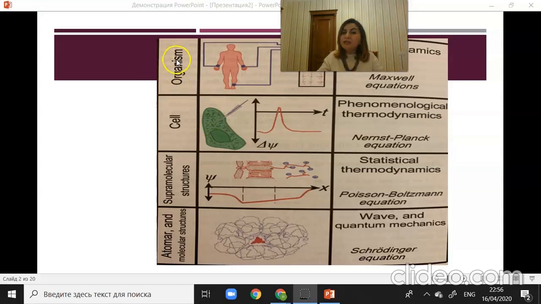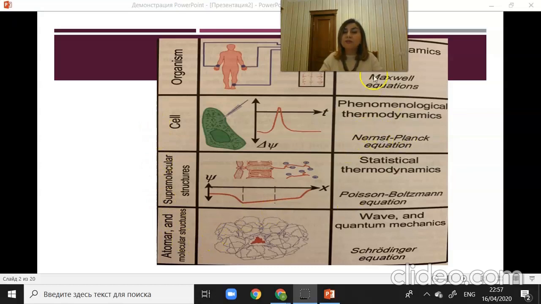This exists at all levels of biological organization, like a hierarchic system fully corresponding to the classification in biology, but governed by particular laws of physics. In the demonstrated picture, the different levels of biological organization are depicted as a hierarchic system. On the left side, on the right side, these are the physical laws used in order to understand and analyze the electrical structure of the given organizations.